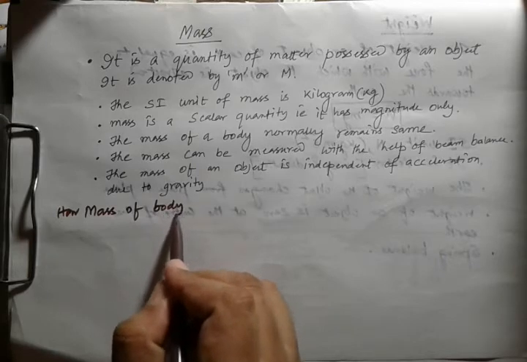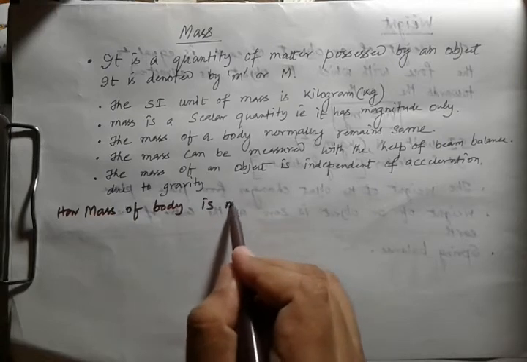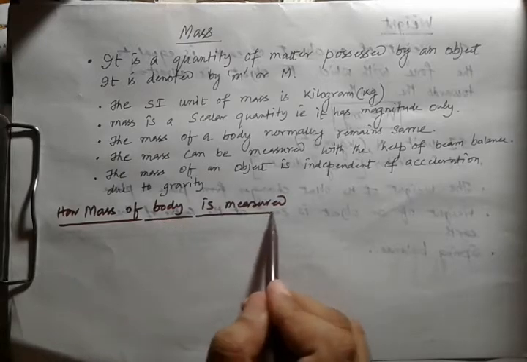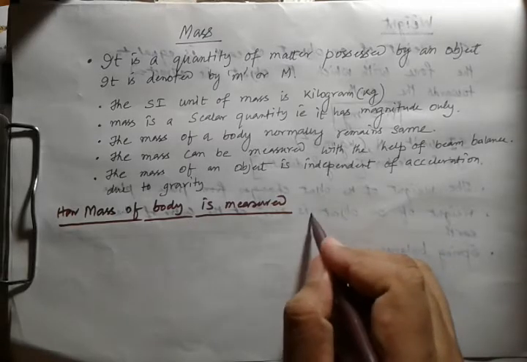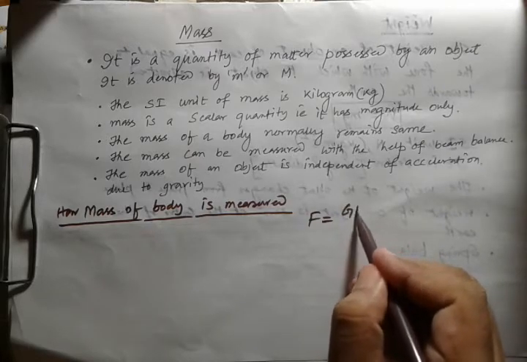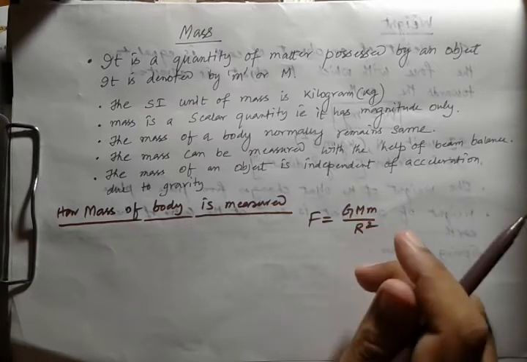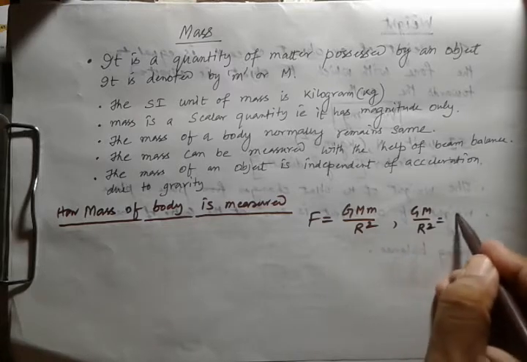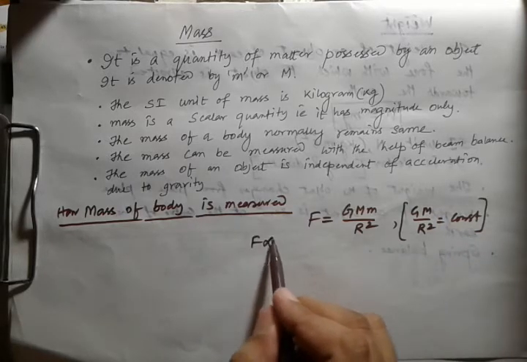It is measured with the formula of gravitational force, F is equal to G m1 m2 by r square. Now you can see from the formula that G m by r square is a constant. So F is directly proportional to m.